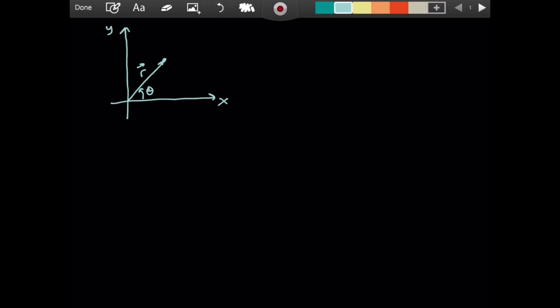Now, this is r, this is the position of the object. And if we want to express this in terms of Cartesian coordinates, we can simply do this. r is going to have an x component, and the x component is simply x, in the x hat direction, then plus y, in the y hat direction.